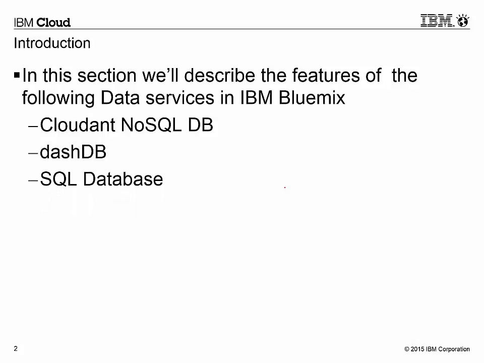We'll look at SQL Database, which is a DB2 powered service that has additional quality of service features like failover, high availability, automated backups, and so on. And then finally, we'll look at the time series database service, which, as you recall, is a service that's optimized for storing Internet of Things time series data.